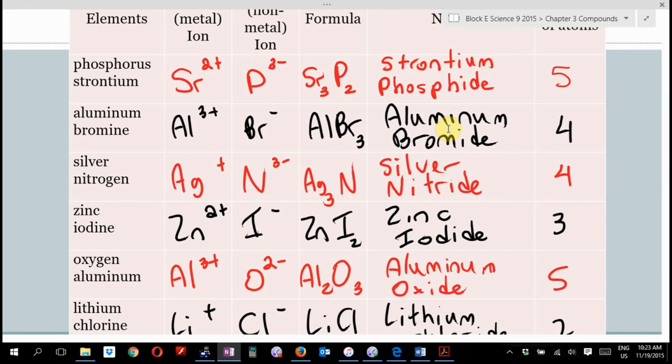Oh, so you guys need the sodium nitrogen one. Sodium is the metal, Na plus, right? N3 negative. So it's going to be Na3N. Is that right? I'm doing number 6, the third one.